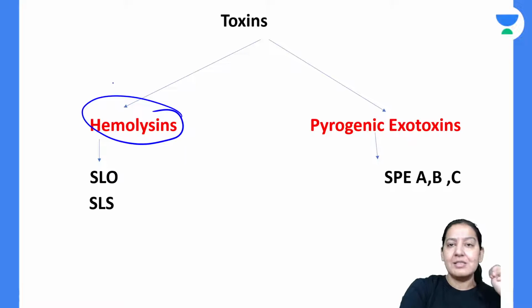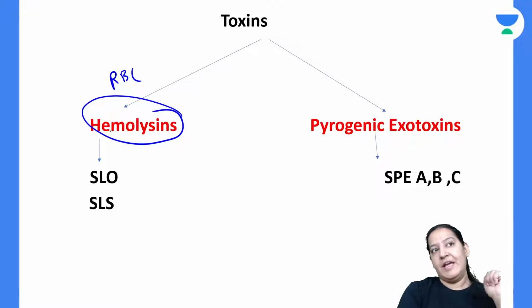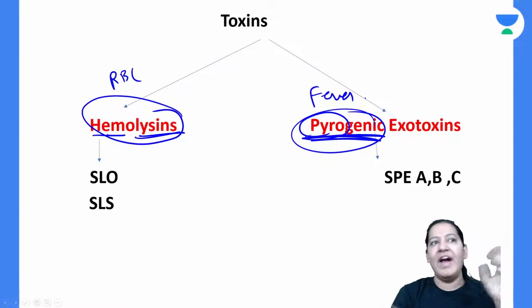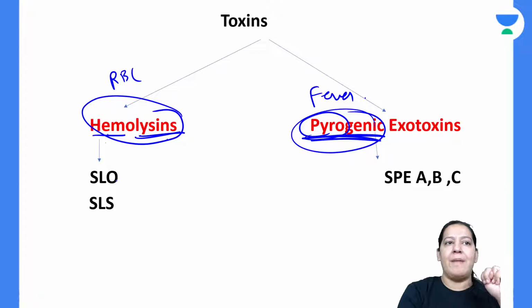Hemolysins are the toxins which cause destruction of RBC in the blood. Hemo means RBC, lysin means destruction of RBC. And pyrogenic toxins are the toxins where the word pyro means fever. They cause fever. Hemolysins are of 2 types, SLO and SLS: oxygen labile and oxygen stable.